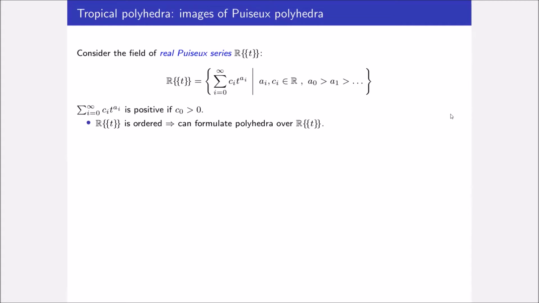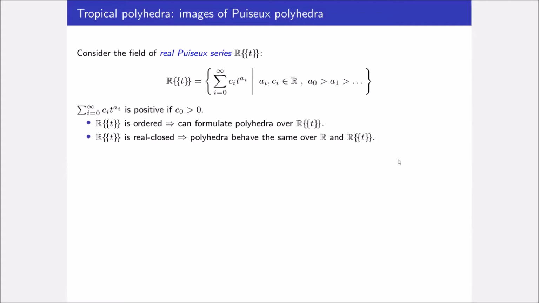A priori, there's no guarantee that these polyhedra behave well, but it turns out that they do, because real Puiseux series are real closed, which on a technical level means any first order statement over the Puiseux series is the same as over the reals, but on a less technical level means polyhedra behave pretty much exactly the same over R as they do over real Puiseux series.